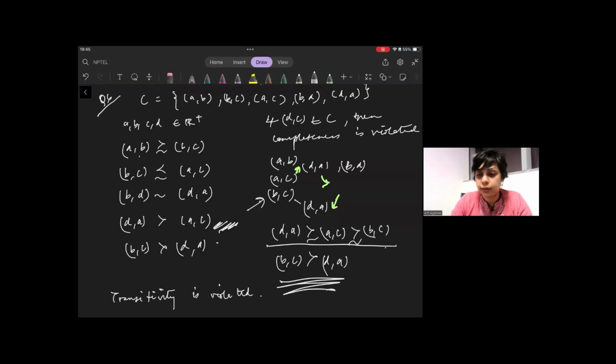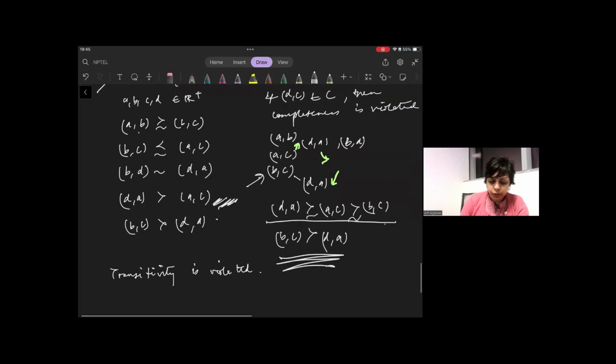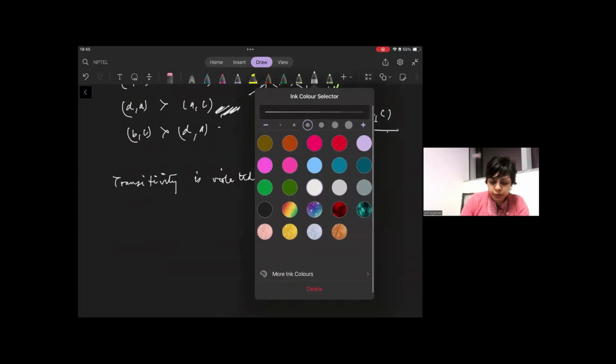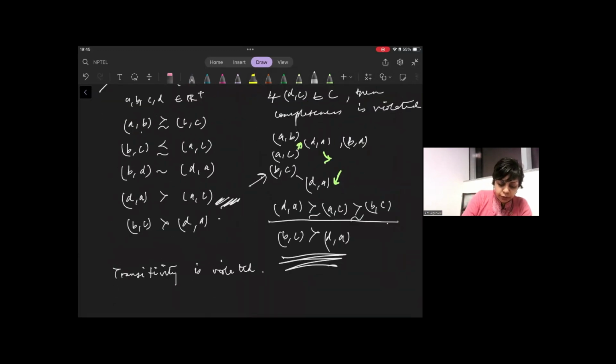Okay, somebody's asking if D comma C is there, then why is completeness violated? Because we have not given any relation for D comma C. If D comma C is there, then there needs to be some relation for it in this list.